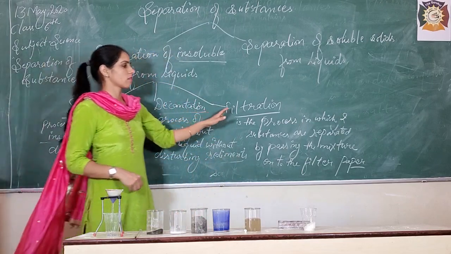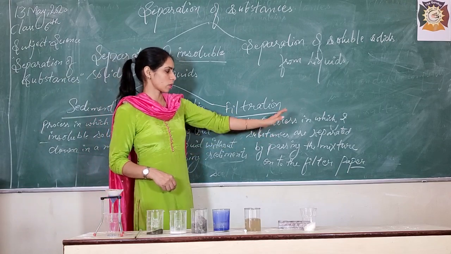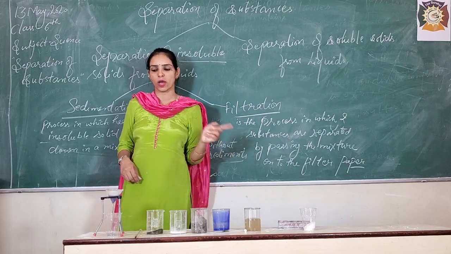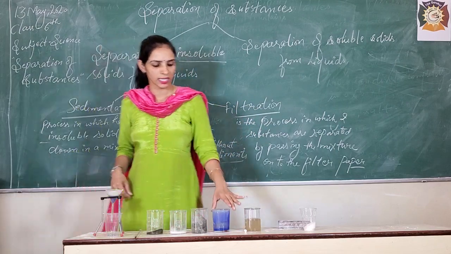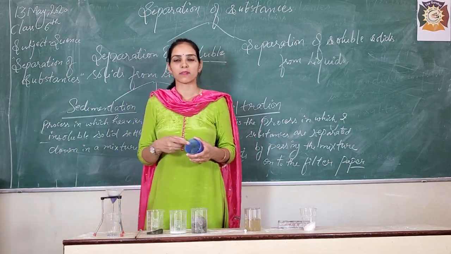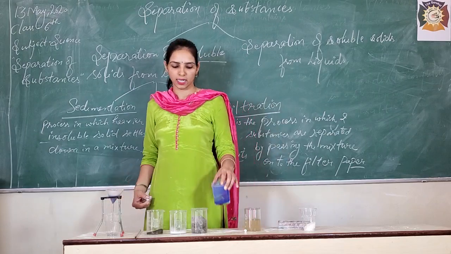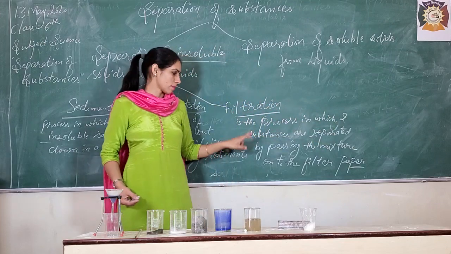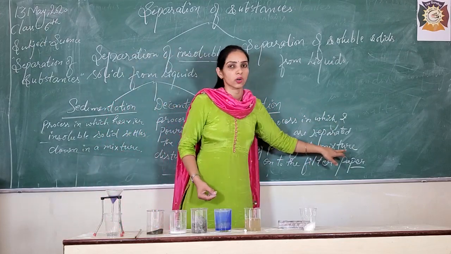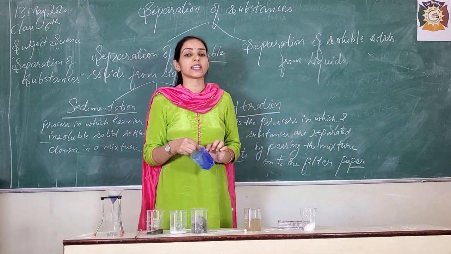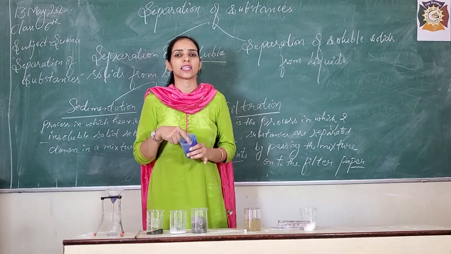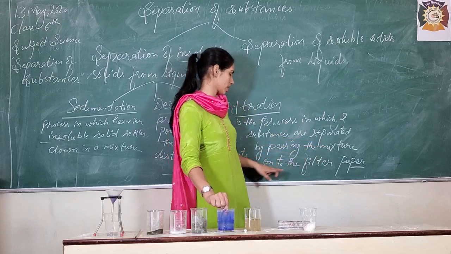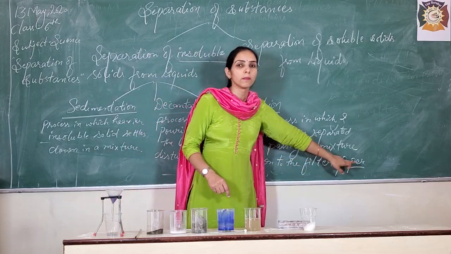So filtration is the process in which two substances are separated. What two substances? One is the solid, this blue dye dissolved in water, and the other is the clear liquid. These two substances are separated by passing the mixture. What mixture? We had the mixture of water and blue dye, and I passed this mixture onto the filter paper.